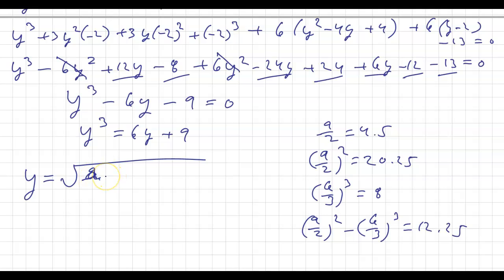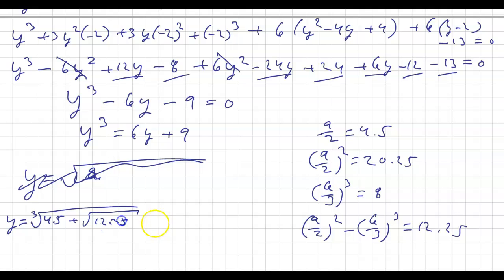So that makes this, I'm going to need a little more room for that. Cardano formula says this: q over 2, the square root of 12.25, plus the cube root of 4.5 minus the square root of 12.25. Well, the square root of 12.25 is actually 3.5.